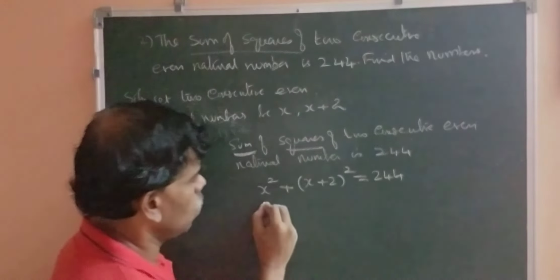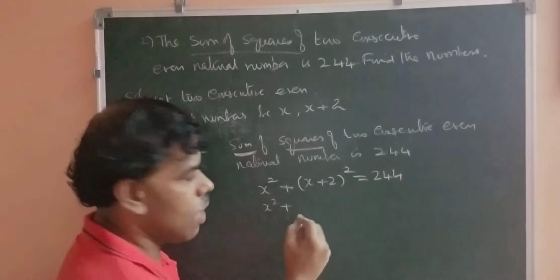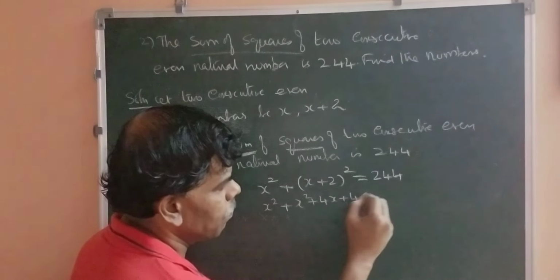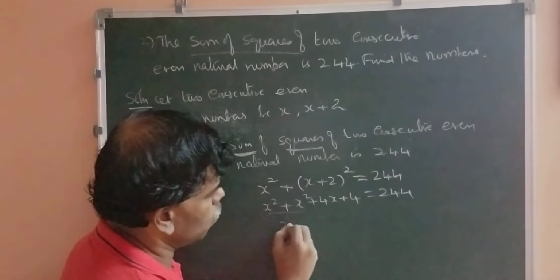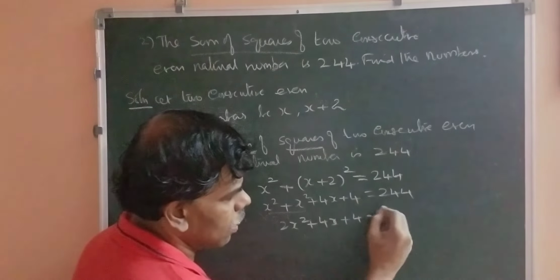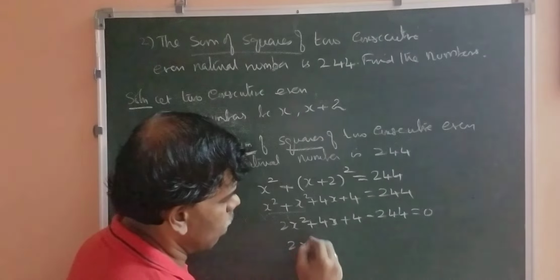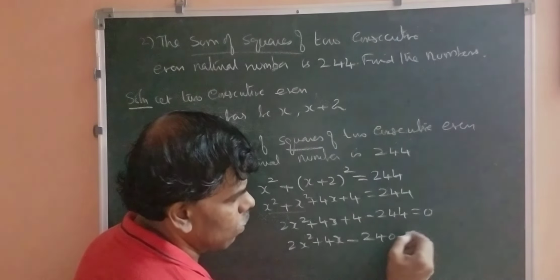So we will solve it. x square plus x plus 2 the whole square, so x square plus 4x plus 4 equal to 244. So 2x square plus 4x plus 4 minus 244 equal to 0. So 2x square plus 4x minus 240 equal to 0.